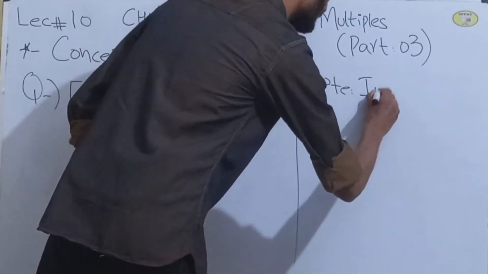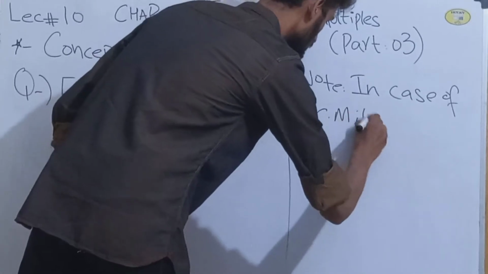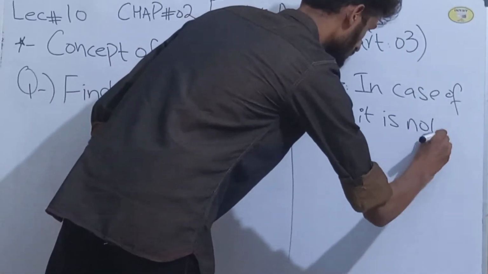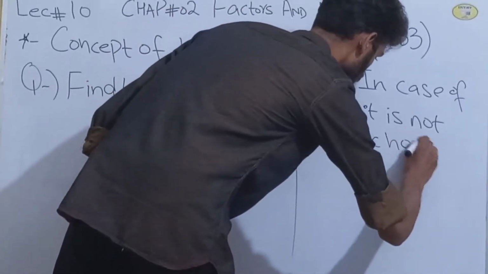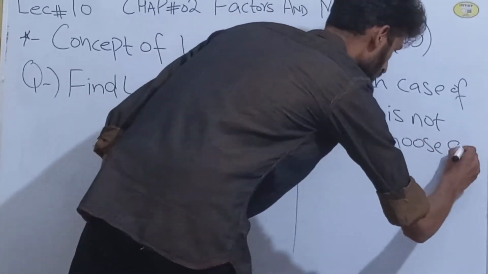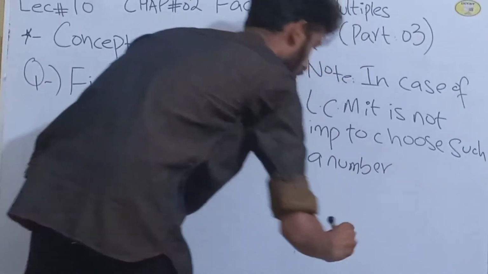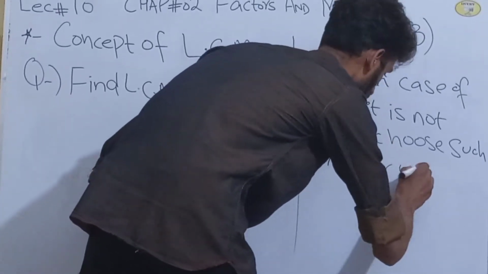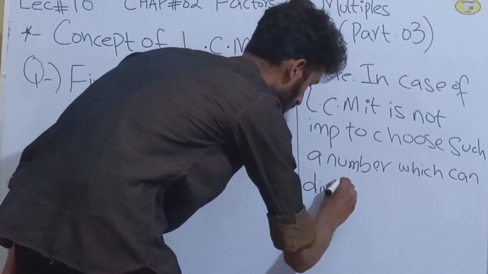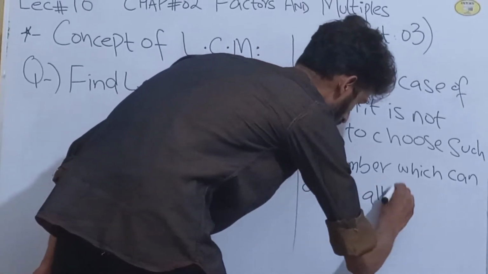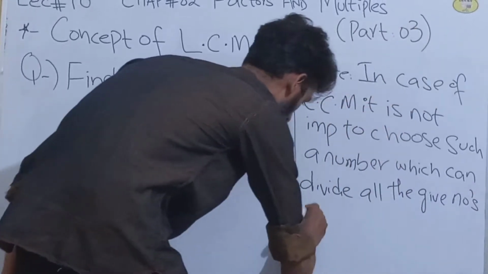In case of LCM, it is not important to choose such a number which can divide all the given numbers in one row.